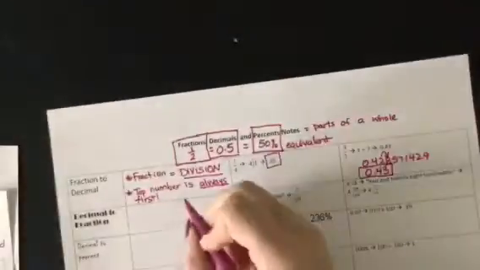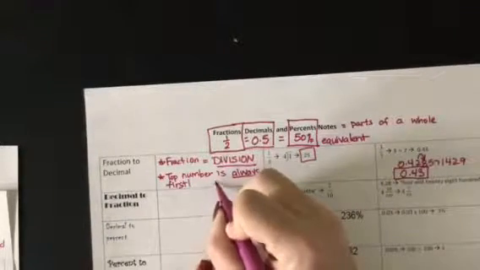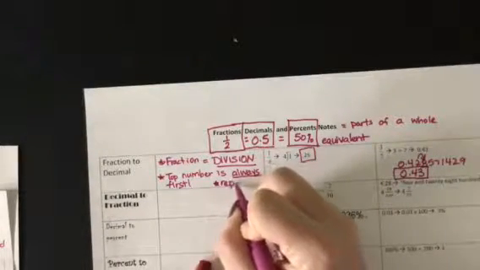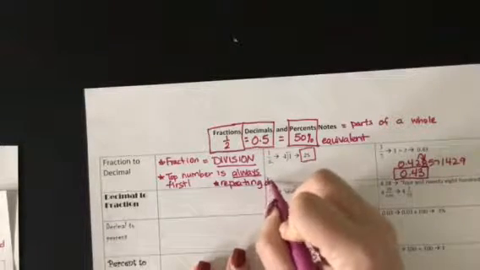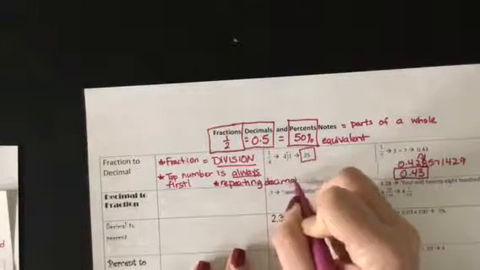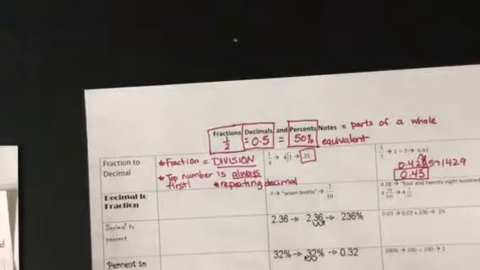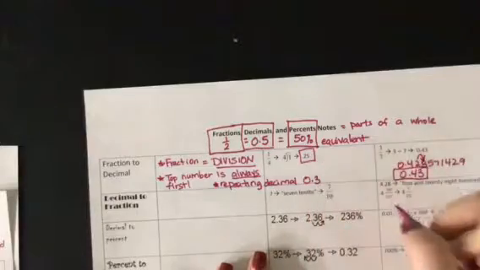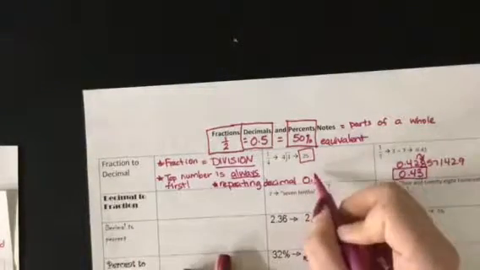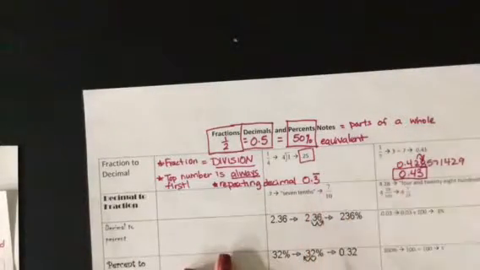Okay, so to denote a repeating decimal, if it continues to say 3 or follow a pattern, so 3, 5, 3, 5, 3, 5, then you're going to write it like this. So 0.3, that's the only number I see over and over again. I'm going to put a line above it. That way I don't have to write out several 3s.